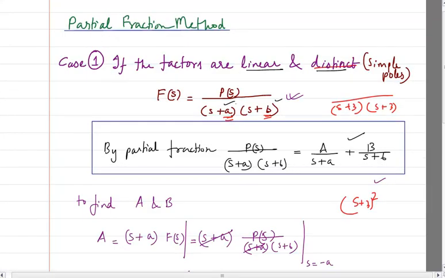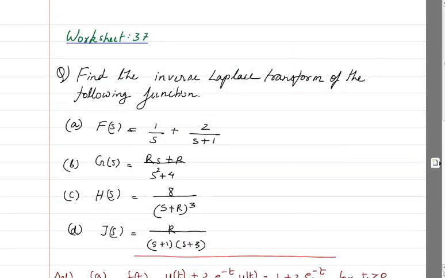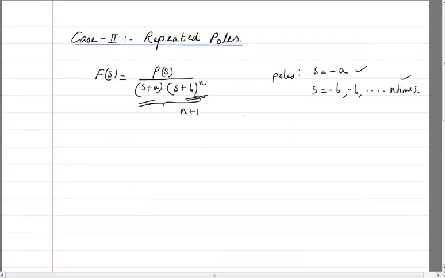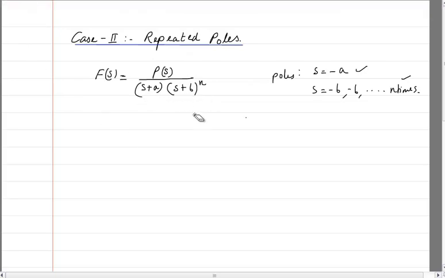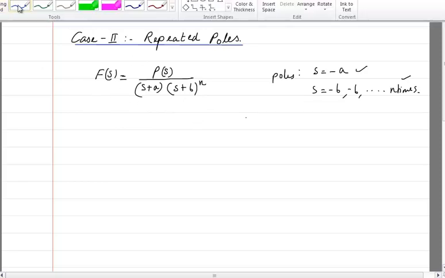There were 2 poles, or it can even be 3 poles. So now we come to this situation, wherein we want to split this up. So how do we do it?